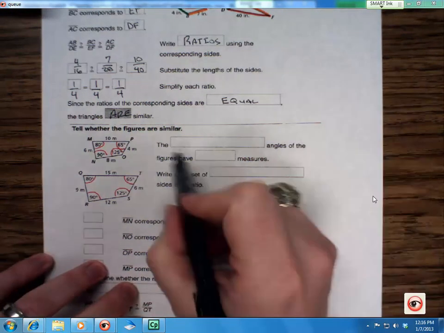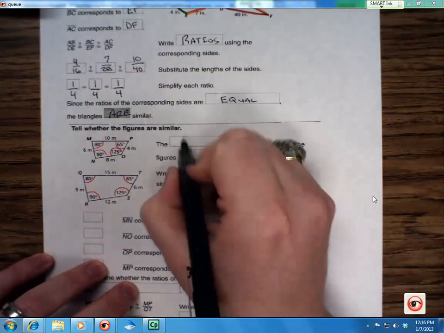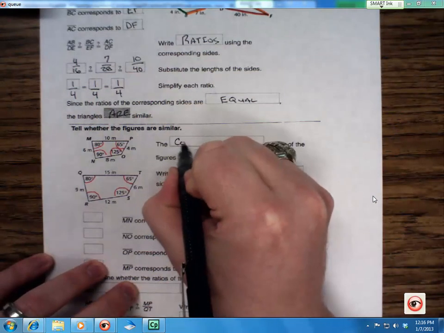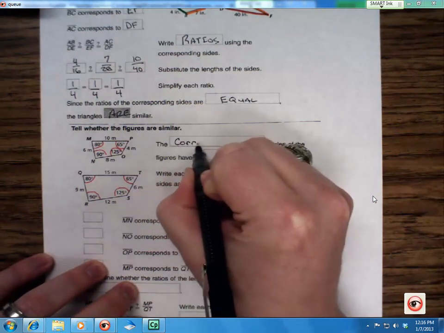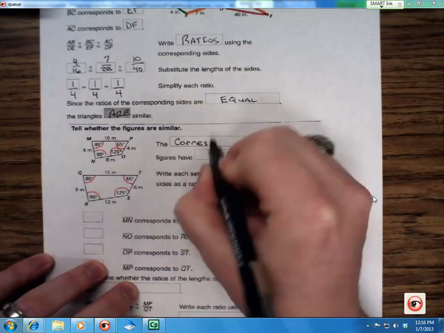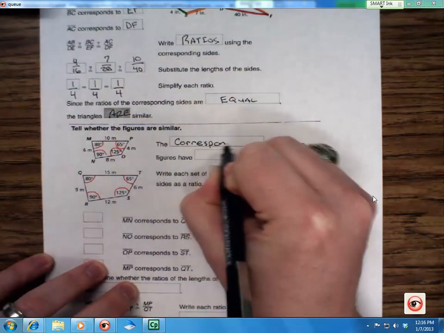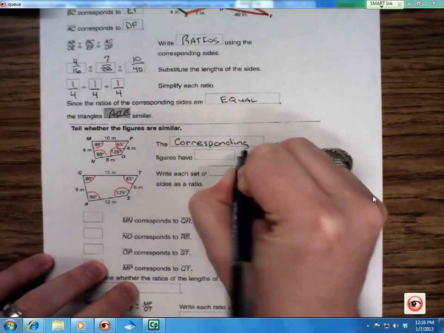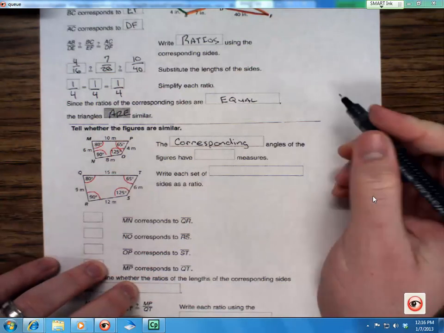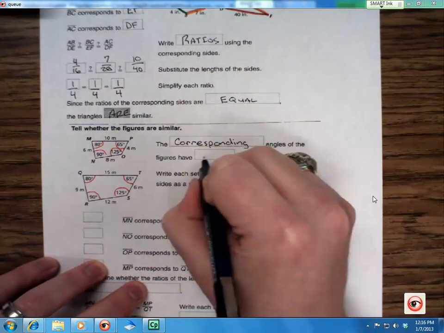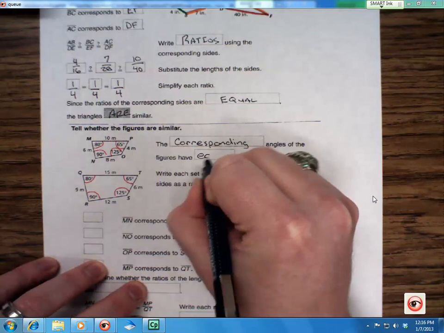So let's see. The corresponding angles of the figures have equal measures. That's just what we were talking about.